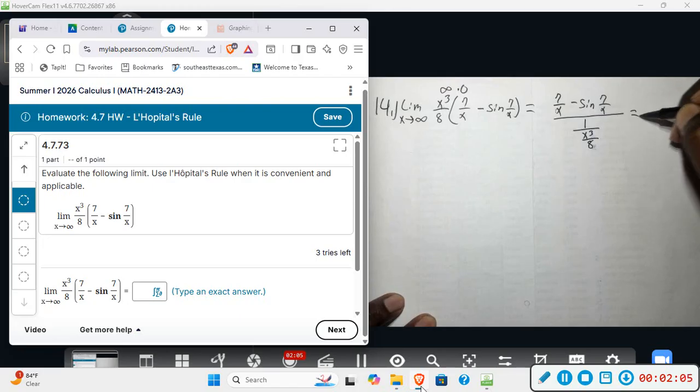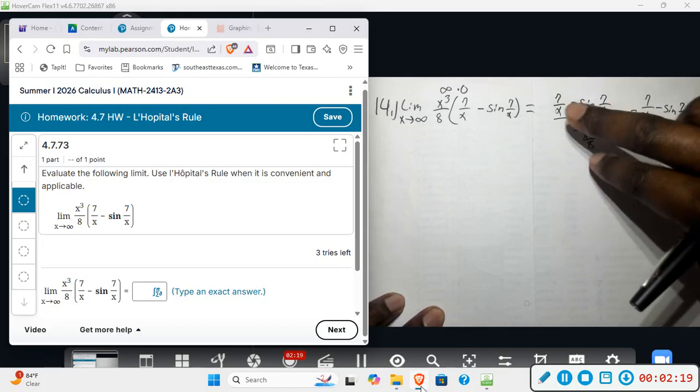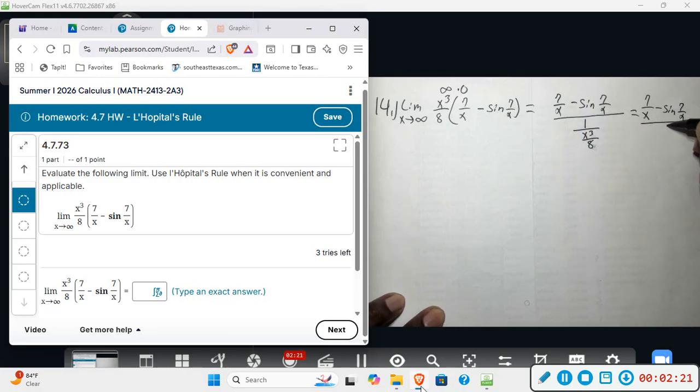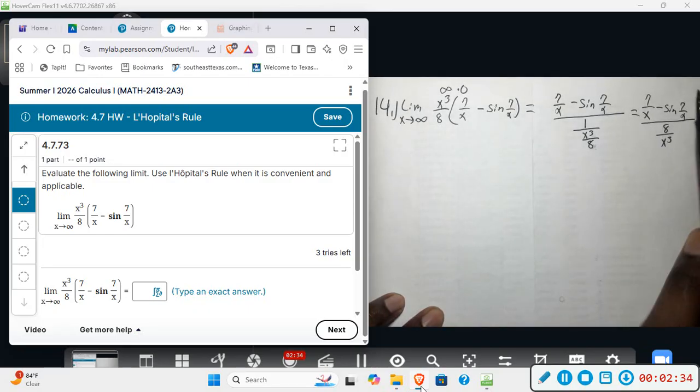So we'll simplify one more time. Not keep, change, flip, just 1 over a fraction, it flips. So we have 8 over x to the third. So at this point, if we're applying the limit, this top is going to be 0 minus 0, 0. The bottom fraction is going to 0, so we end up with 0 over 0.